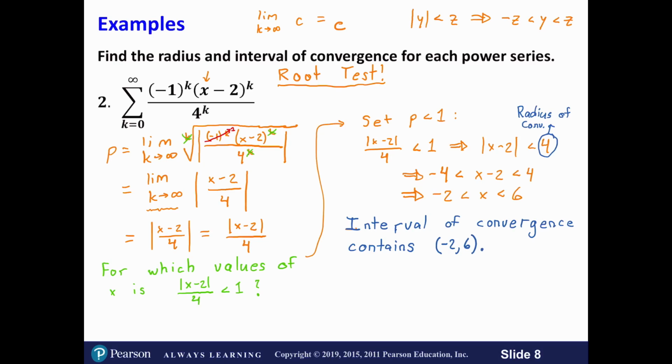So this does not tell us what happens at negative 2 or 6. It might converge, it might diverge. We're not sure yet. So now we must check the endpoints.